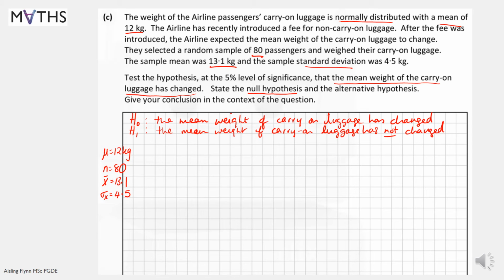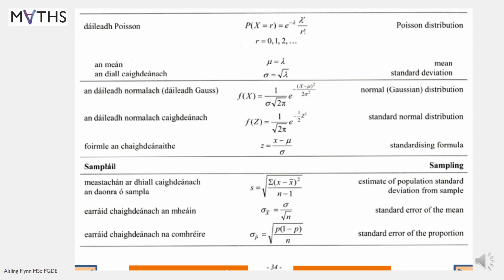So we don't have proportions in this question, so we can't use the margin of error that we used in the previous question. Let's refer back to the formula book. Okay, so we're still sampling and we're given means, so we're going to use this as part of our margin of error, but of course we'll have the factor of 1.96 as well.